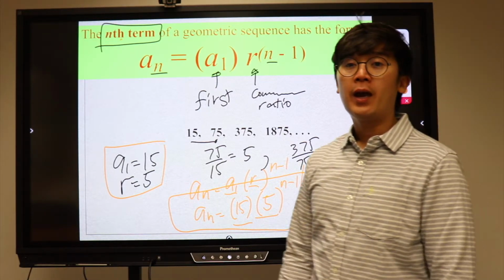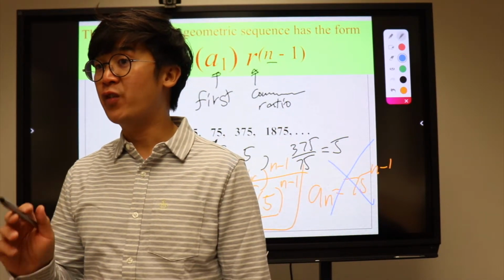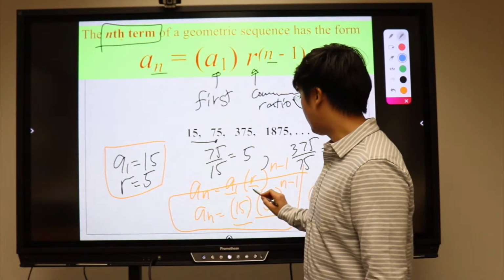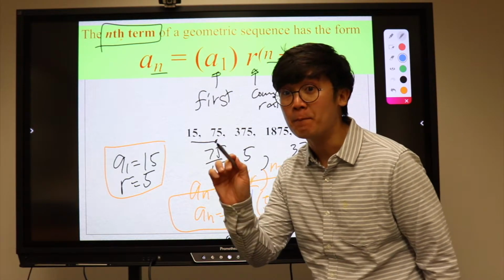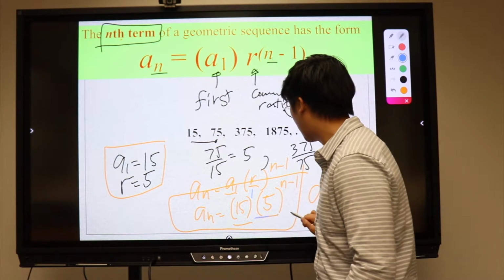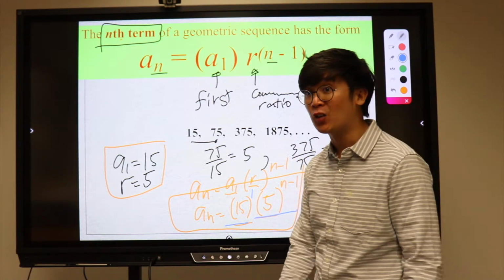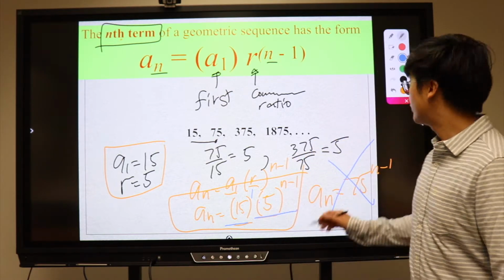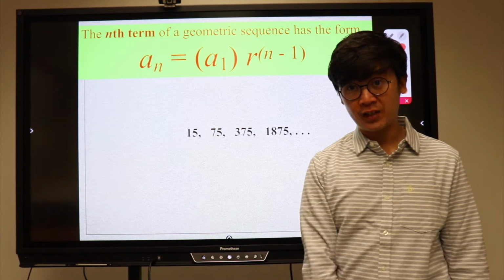No. In mathematics, you cannot multiply numbers with different exponents. This one has an exponent of 1, and this one has an exponent of n minus 1. You cannot combine them because you need to evaluate the power first before you can combine it with 15. And since you cannot evaluate or simplify it, that is your answer. So know your math fundamentals and laws of exponents.